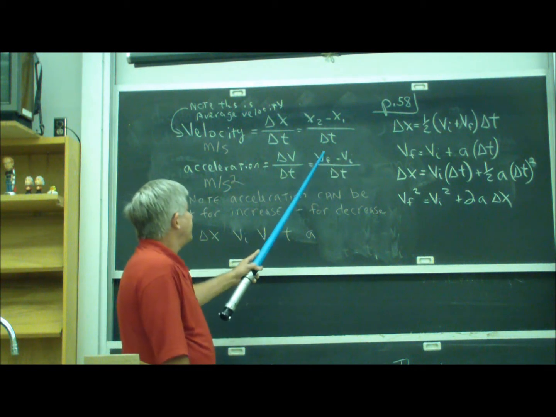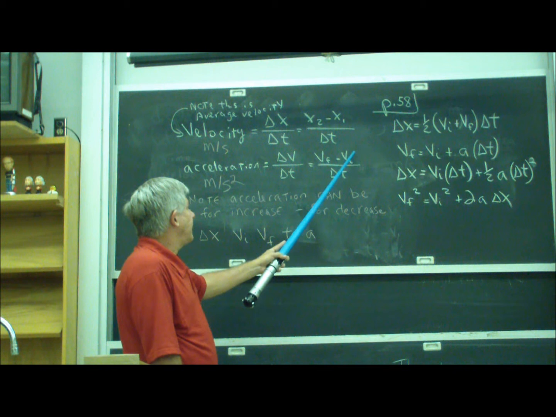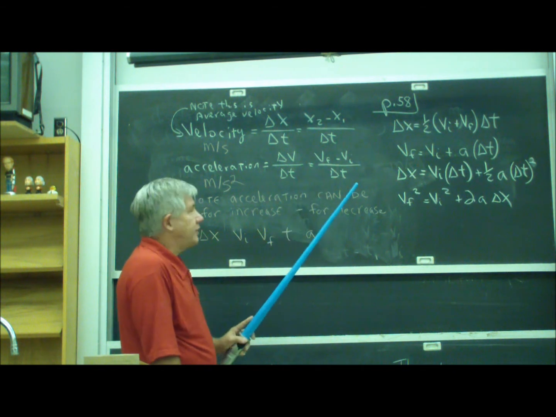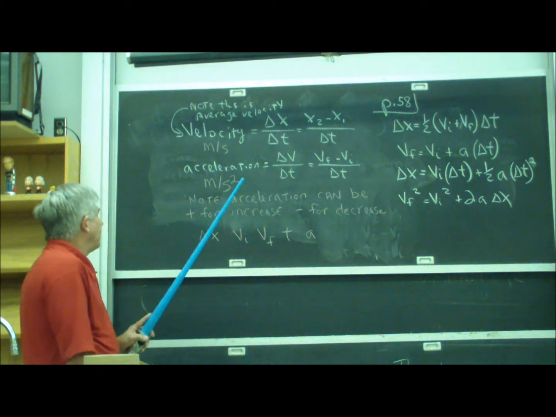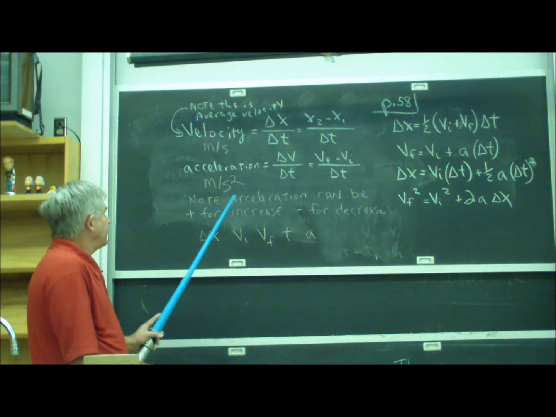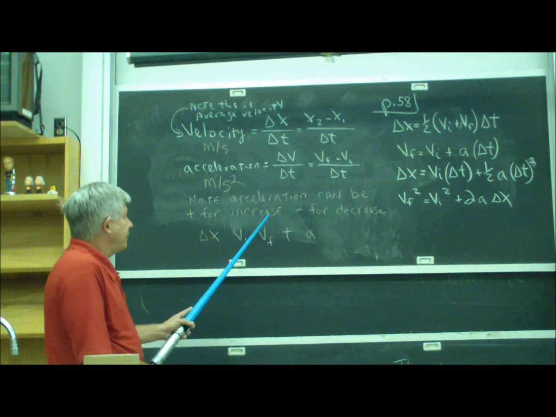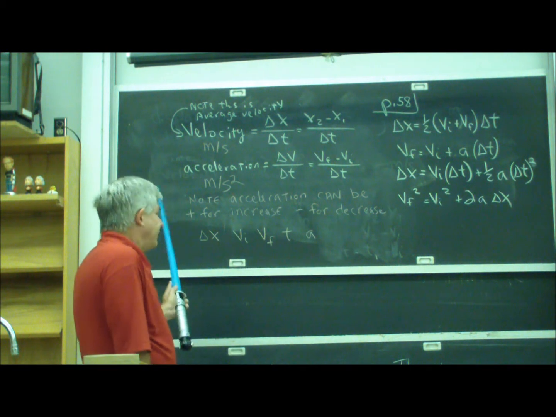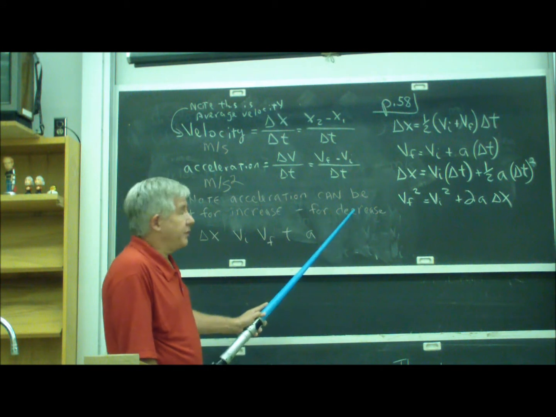But like with the velocity here, maybe the car starts at 10 meters a second and goes to 50 meters a second. So you would need to subtract the two, divide it into time to get your acceleration. Note that the acceleration can be positive for an increase in velocity, or it can be negative for a decrease in velocity. In layman's terms, it's speeding up, it's slowing down.